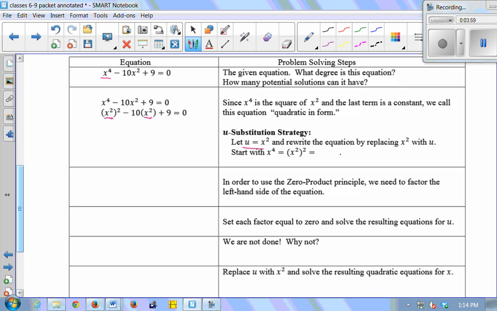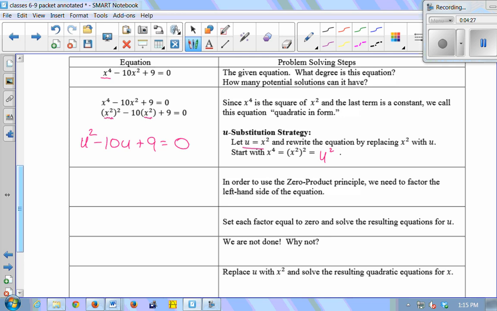So x to the fourth is x squared squared, which then, if I use this substitution, replace my x squared with a u, and now it's just u squared. Instead of 10 times x squared, I have 10u. Does that make sense? Just replacing the x squareds with u's.